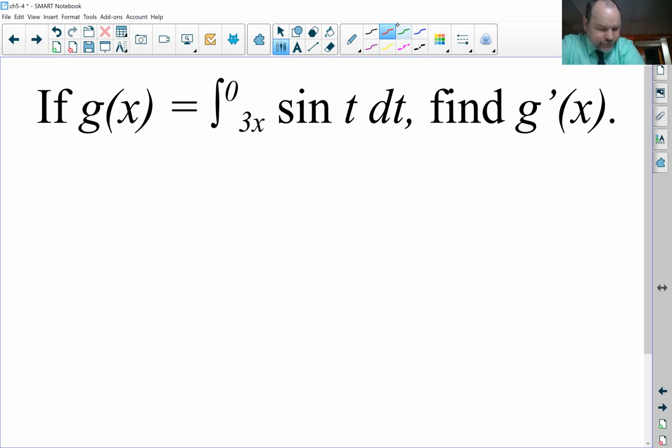The first thing the fundamental theorem of calculus tells us, we need that x to be our upper limit. So we need to get this moved to the upper limit. And we can do that with one of our properties that we just looked at. We can change the limits by putting a negative out in front.